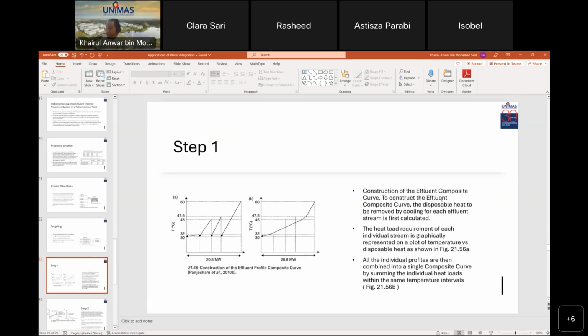To construct the effluent composite curve, the disposable heat to be removed by cooling for each effluent stream is first calculated. The heat load requirement of each individual stream is graphically represented on a plot of temperature versus disposable heat, figure 21.56a.